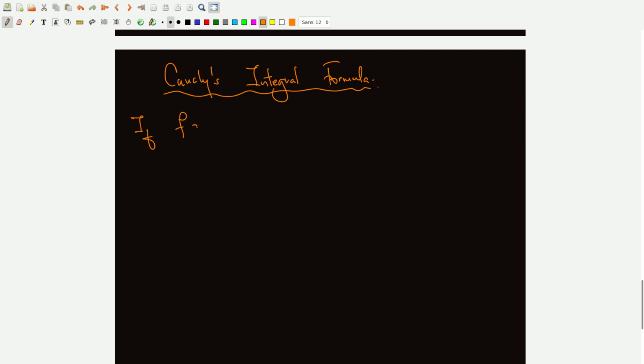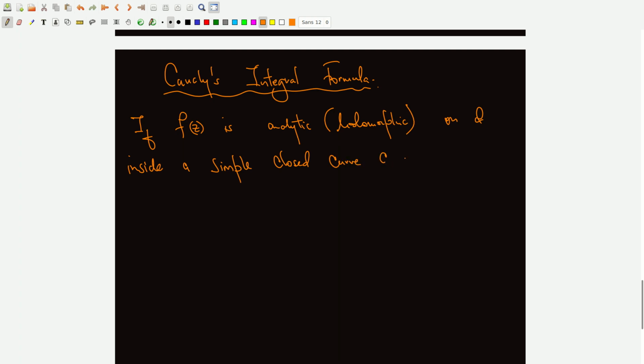It tells us that if f of z is analytic, again, some people will write holomorphic, if it is analytic on and inside a simple closed curve C, then f of z naught can be given as 1 over 2 pi i times the contour integral of f of z over z minus z naught dz.